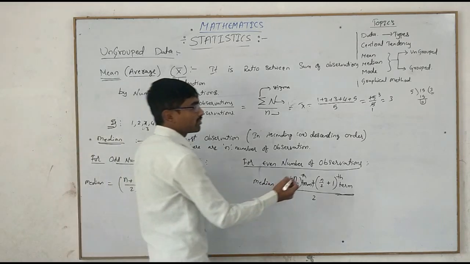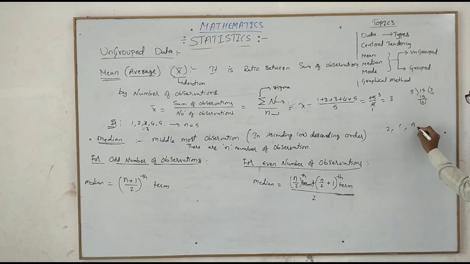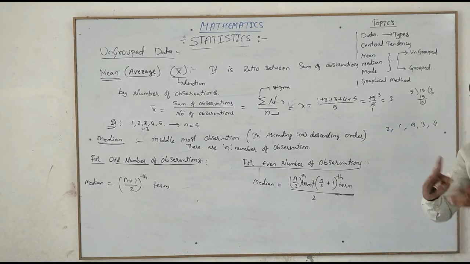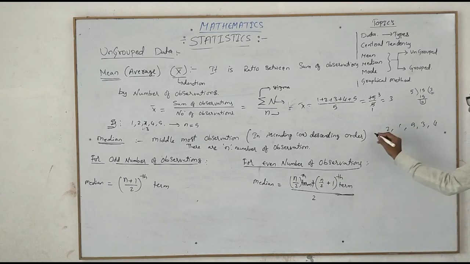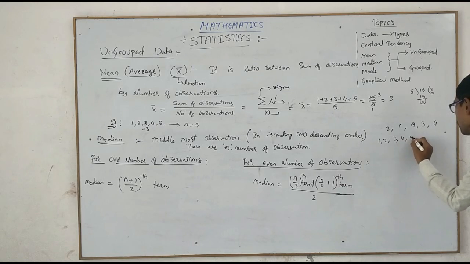For example, we take the observations as 2, 1, 5, 3, 4. First we have to arrange these in either ascending or descending order. The ascending order is 1, 2, 3, 4, 5.